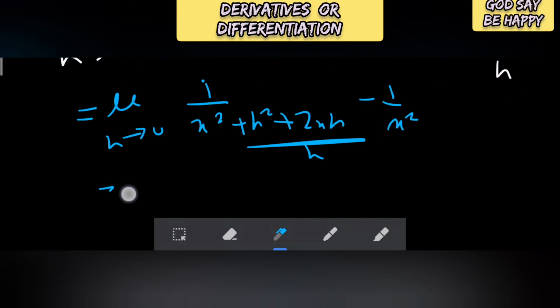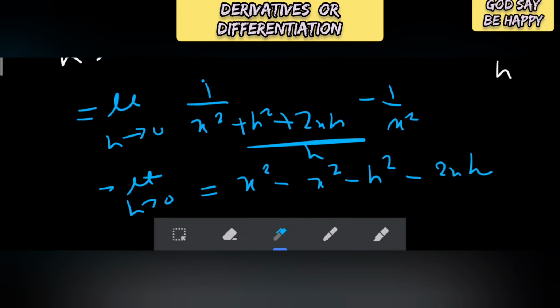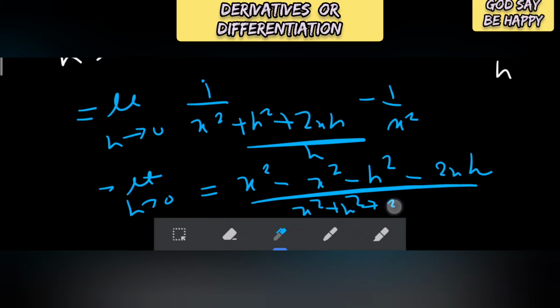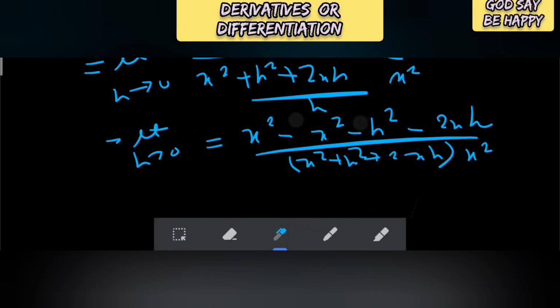Equals limit h tending to 0 of (x square minus x square minus h square minus 2xh) upon (x square plus h square plus 2xh) times x square, and the 1 upon h will be multiplied over here.